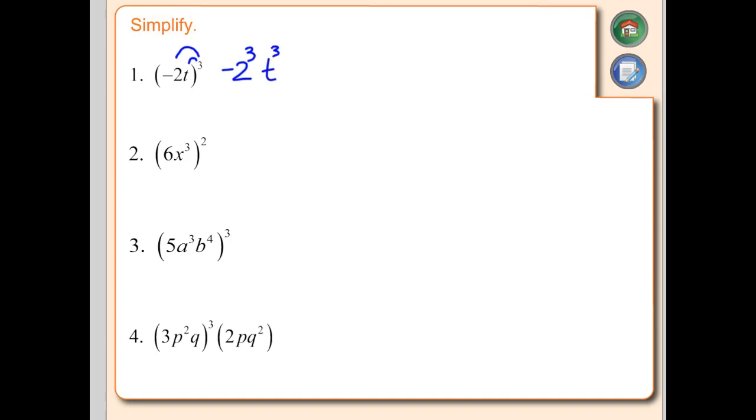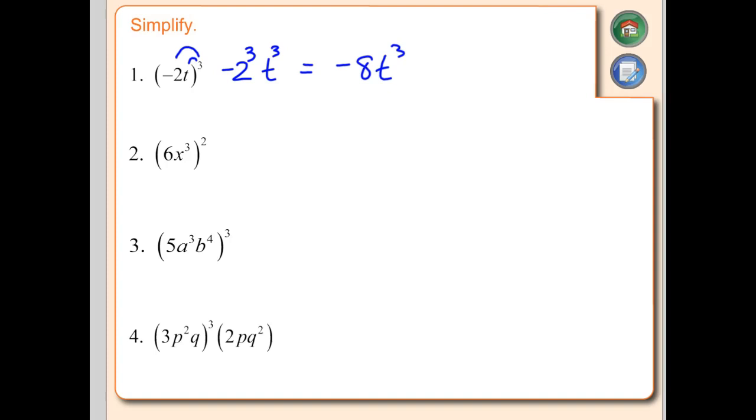Now, here's where that list of perfect squares and cubes is going to help you. How would we simplify? What is -2 cubed? Well, -2 cubed is -8t cubed. Everybody understand what we did there? Good job.